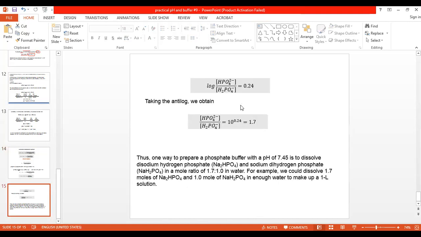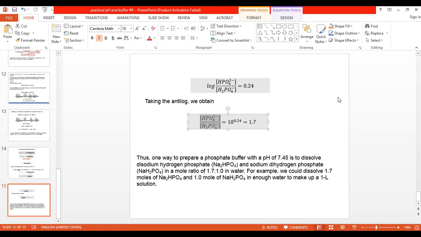And then from here, we can find the ratio of HPO4 2- to H2PO4-. So it gives us 10 to the power 0.24, which is 1.7. So the ratio is 1.7.